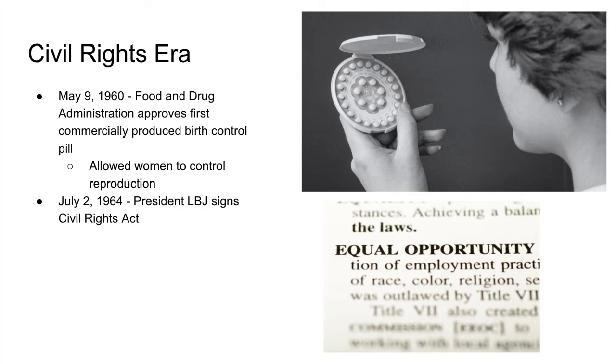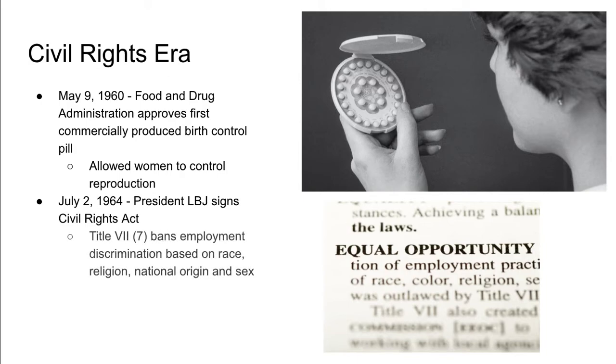July 2nd, 1964, President Lyndon B. Johnson signs the Civil Rights Act. Again, we've heard of this most likely before in other history classes or when we were talking about our racism unit, talking about the different laws that were passed. Well, women were included in this bill. Within the Civil Rights Act, we see Title VII. That's the section of the law which bans employment discrimination based on race, religion, national origin, and sex.